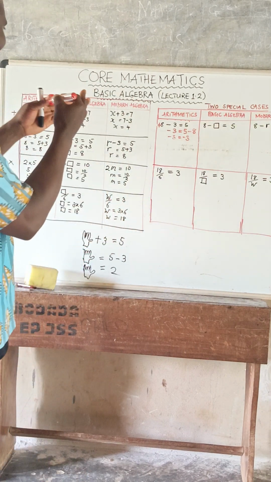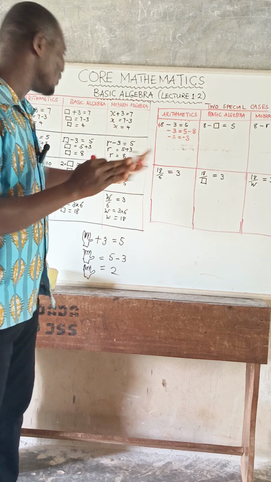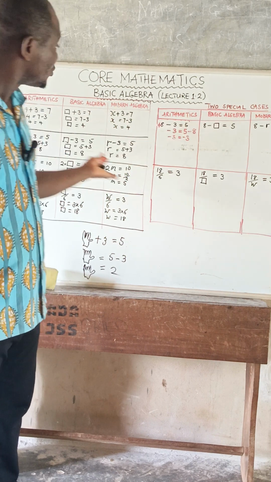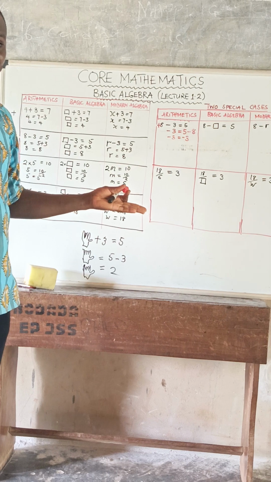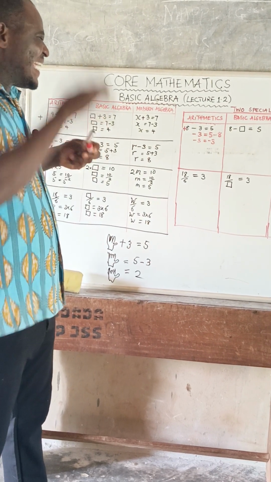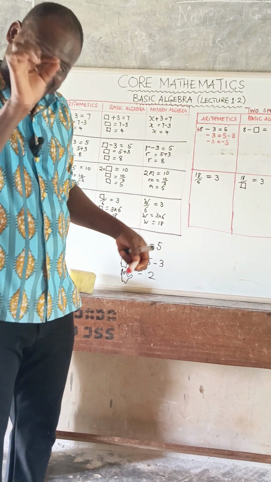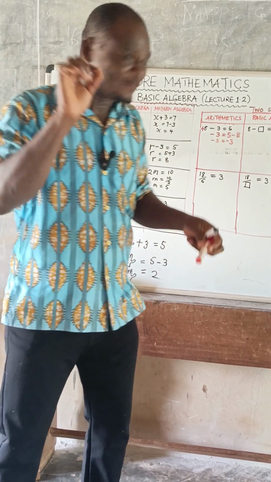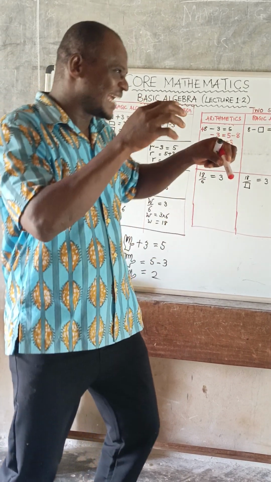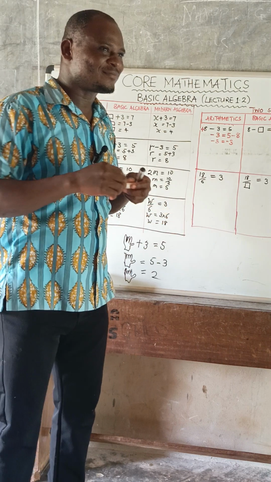Yeah, the idea is very clear, because here is negative 3 and here is negative 2, and that makes sense. Okay, but it is not a negative 3 that we are looking for. We are looking for the 3 without the negative. So how do we do that? How do we take away the negative?